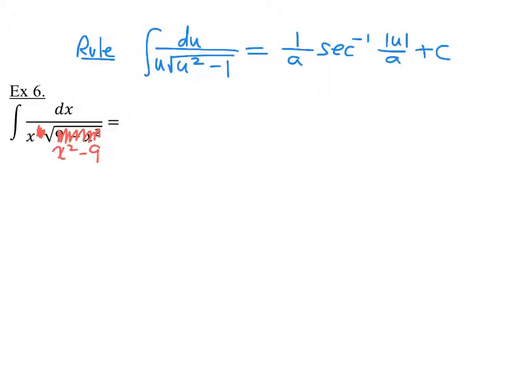General rule of thumb: look at your integral, look at one of these shortcut rules that you're going to put down on your index card. If it looks like it's almost a perfect fit except for a constant or maybe just some slight modification to your variable, then try using this technique. The good news is, this technique only relies on your ability to identify u and a. So u is x, a is 3.